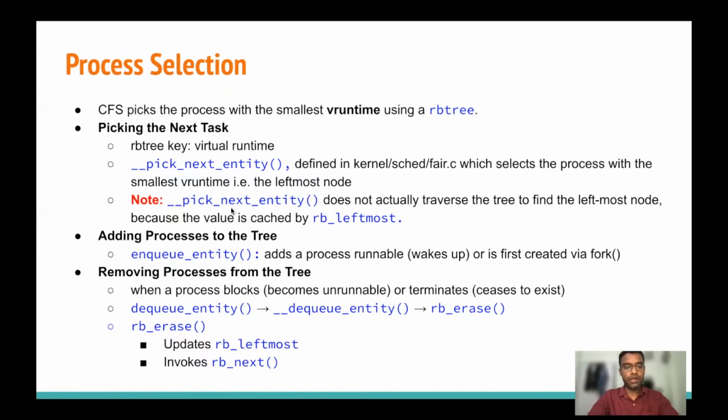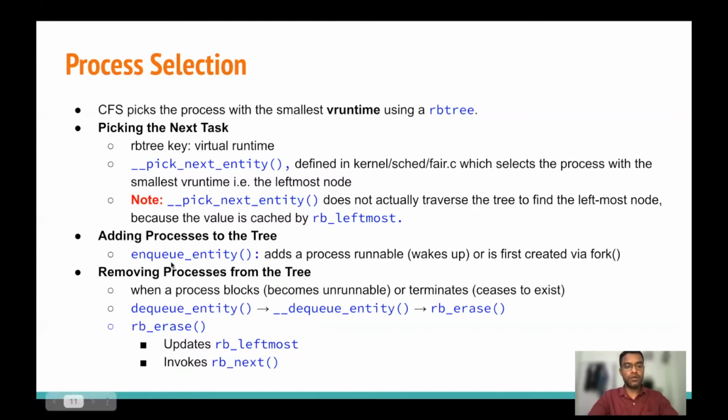In the actual case, pick next entity does not traverse the tree to find the leftmost node, because it has a variable called rb leftmost, which is updated while enqueuing the task into the red black tree. So it directly accesses this rb leftmost value and can return it to the scheduler.